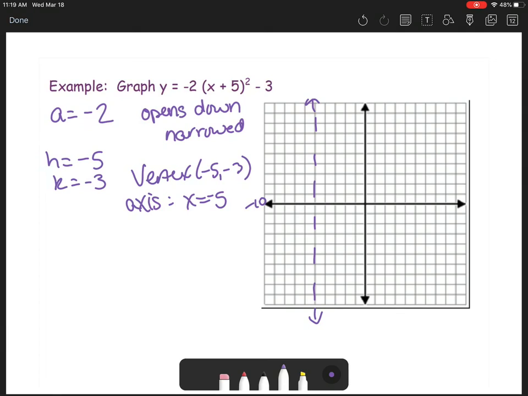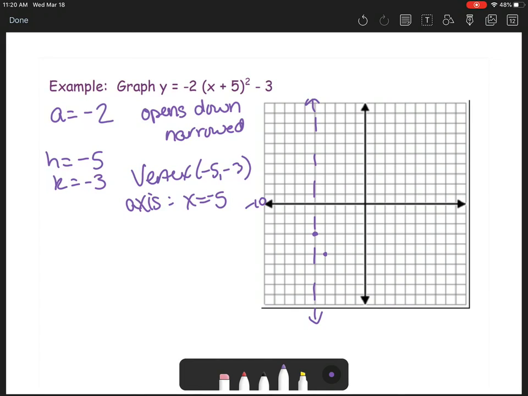Should label this as -10. And -3 right there. This one's going to open downward and be narrower like we said. So right 1 and now down 2, because your value of 1 has to get multiplied by a. Right 1, down 3, but really -6 because I forgot to multiply.